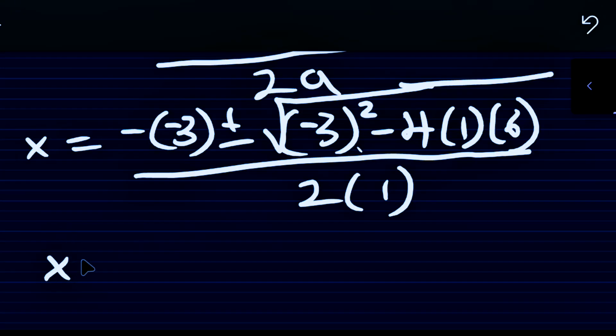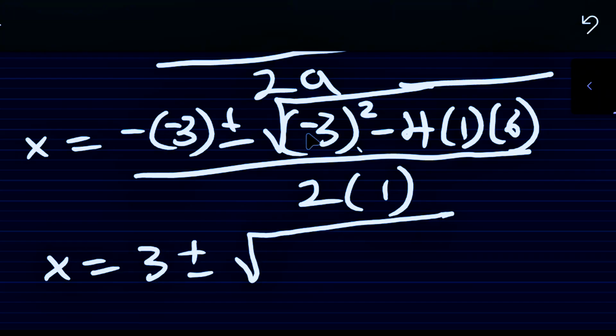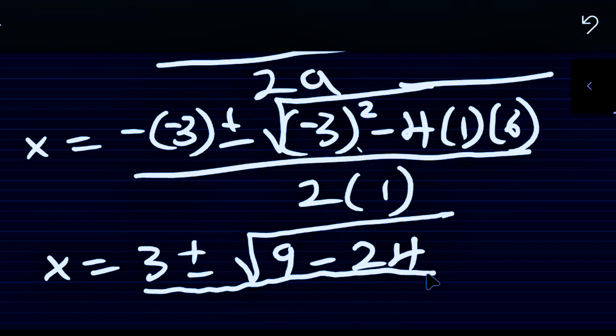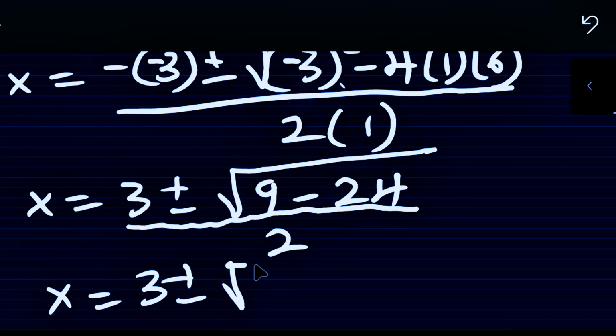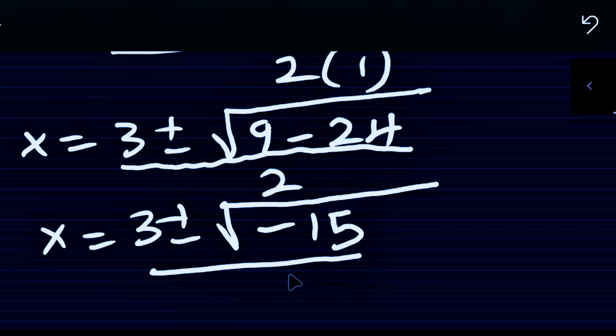So from here x will be equal to minus times minus 3 is positive 3, plus or minus square root of minus 3 all squared is positive 9, minus 4 times 1 times 6, which is 24. Then we'll divide everything by 2. So x will be equal to 3 plus or minus square root of 9 minus 24, which will give us negative 15, then divided by 2.